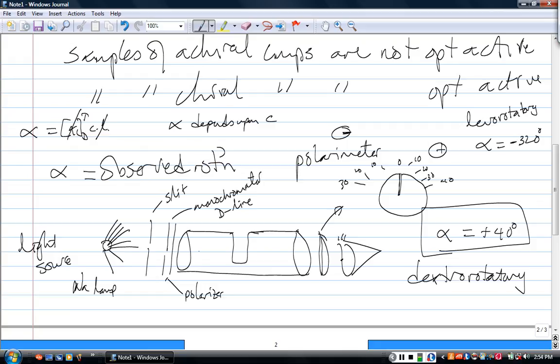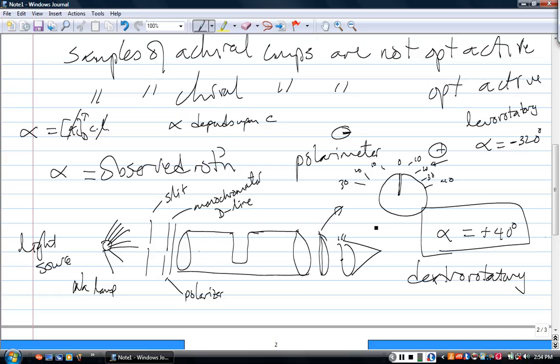So if I make it half as concentrated, basically doubling the volume by adding solvent, what I'll find is that if it were plus 40, the alpha value will now drop to plus 20. In other words, my new bright spot will be here. But if it were minus 320, then my new bright spot will now be at minus 160, right?